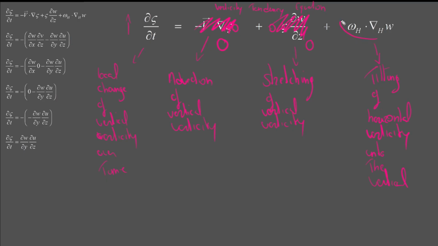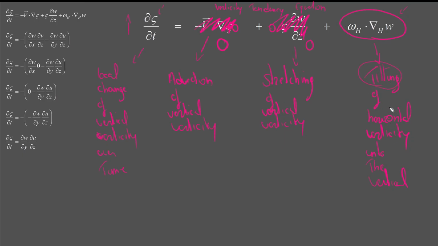The only term that's left is this term, and you can see here, zeta is nowhere to be found here, which means that this one is the only term in the whole supercell equation, as I'd like to call it. It's a vorticity tendency equation, but let's call it the supercell equation for now. This whole term is the only one, the only term that can actually generate vertical vorticity.